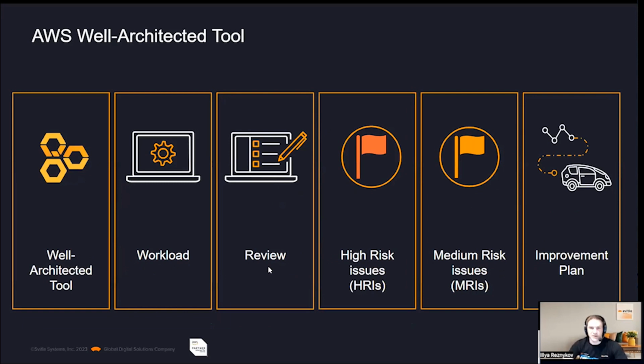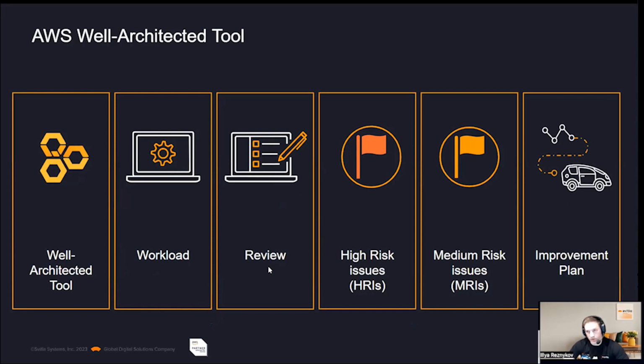And as I mentioned, AWS provides the AWS Well-Architected Tool that gives our customers the ability to run reviews. First of all, it's actually a service that provides a consistent process of measuring our AWS architecture against best practices.